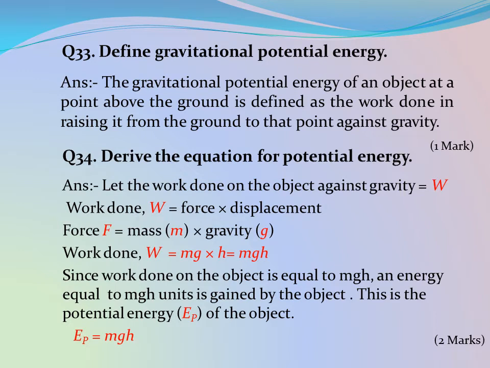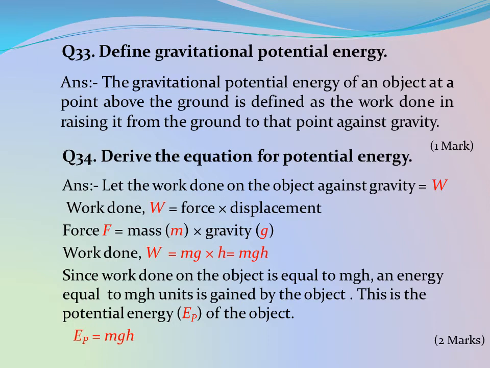Question number 34. Derive the equation for potential energy. Answer: let the work done on the object against gravity equal W. Work done W equals force into displacement. Force F equals mass m into gravity g.